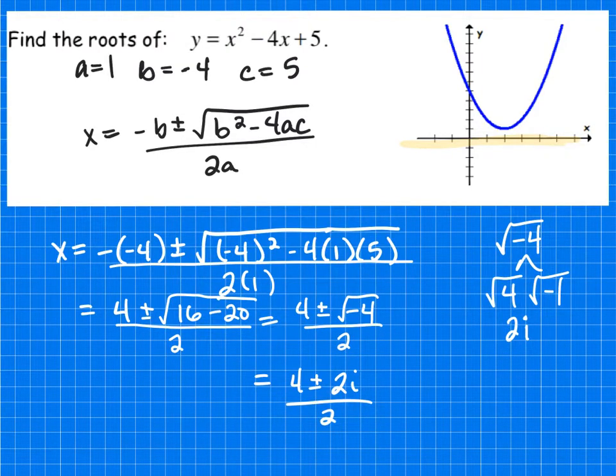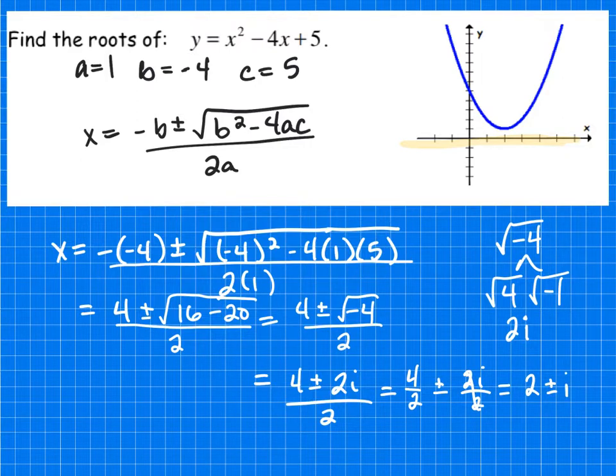We can simplify this further because both of these are divisible by 2. 4 is divisible by 2 as well as 2i. So basically this can become 4 over 2 plus or minus 2i over 2. And each of those can reduce. 4 over 2 is 2. 2i over 2 is just i. So 2 plus or minus i.